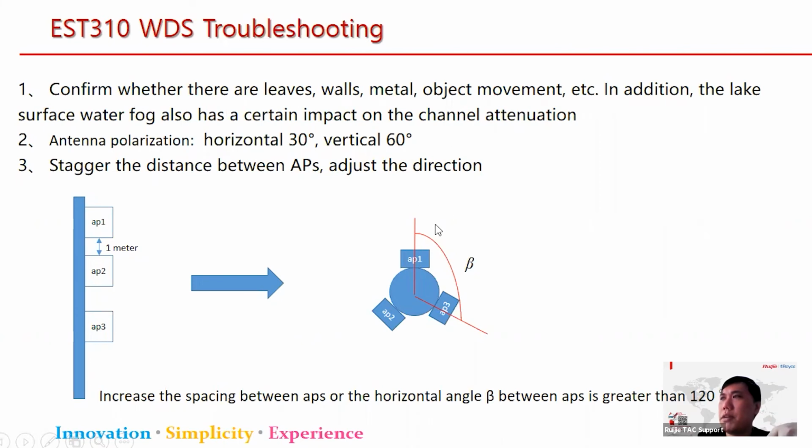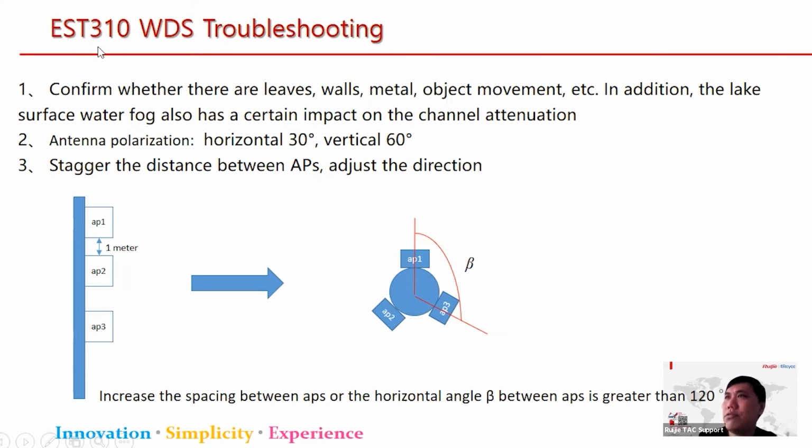So please make sure if you have this kind of scenario, for these 3 VCRs, you need to make sure your distance between the angles, AP to AP, is greater than 120 degrees. And how about up and down? Up and down also need to be guaranteed, with 1 meter between AP to AP. Why do we want to do that? Because we want to isolate the interference.